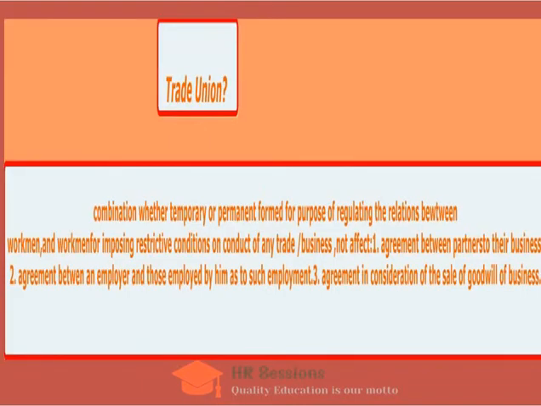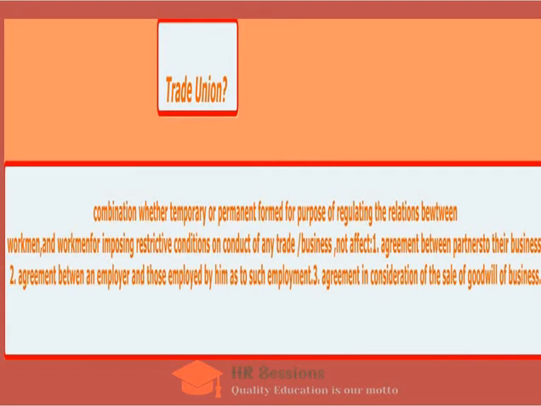Now, what is actually a trade union? A trade union is a combination, whether temporary or permanent, of workers joined together for the purpose of regulating the relations between workmen and employers, for imposing restrictive conditions on the conduct of a trade or business.